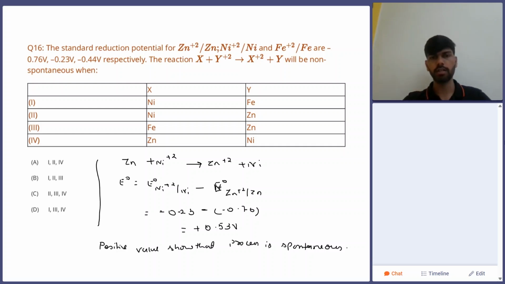Okay, now the rest are all non-spontaneous, because for those we will get negative values. See here, if we calculate, class, E naught is -0.44 minus (-0.23), that will become -0.21.